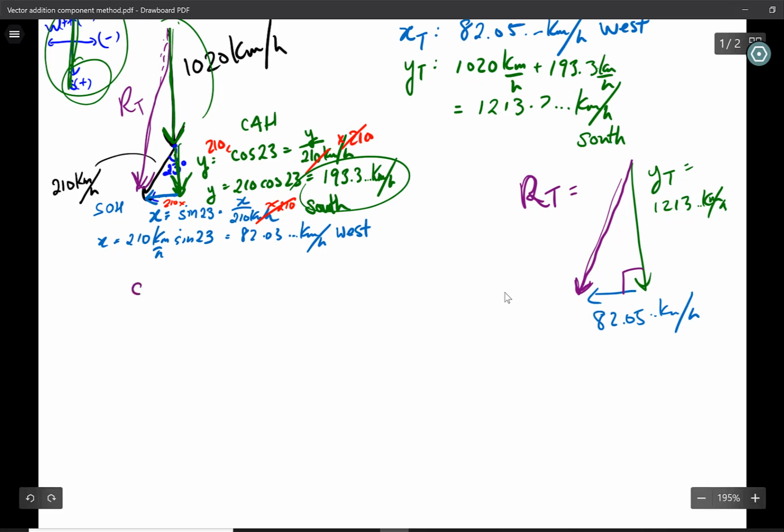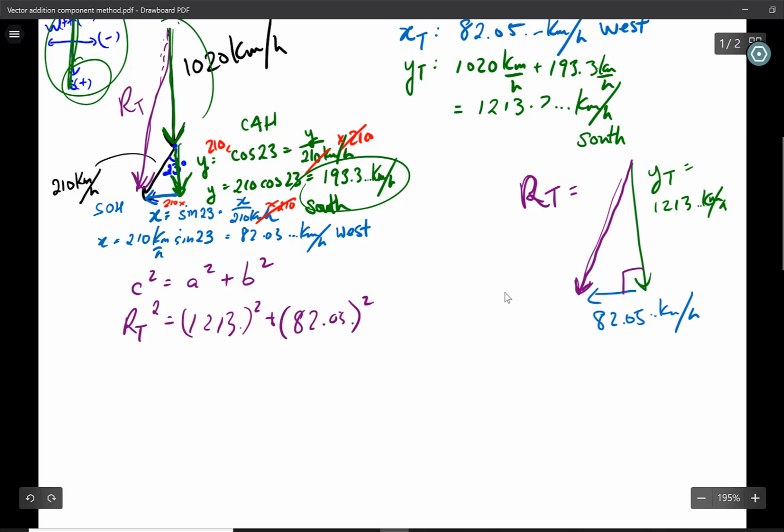So let's start here. I have c squared equals a squared plus b squared. And I'm going to label this RT now because that's the resultant vector. We have the 1213, and I'm getting a little bit lazy, I really want to speed things up, and then our 82.05.